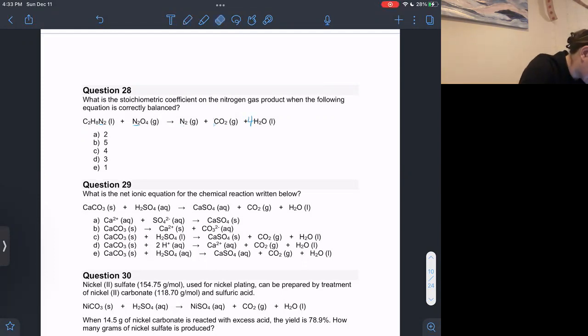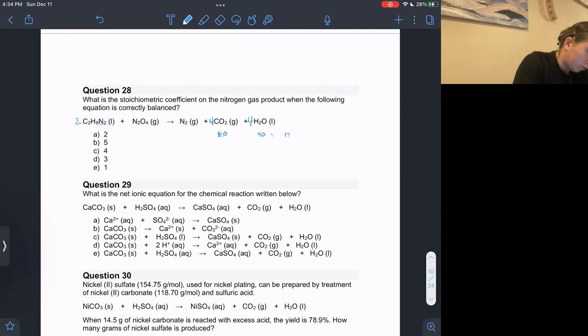So we'll erase this. So we have 4 oxygens on our right. So we have 4, and we know 2 is not going to work, so we'll put a 4 here as well. So we have 4 oxygens. This will be 2. Okay, so then we have 4 carbons, 4 carbons. That looks good. Hold on, wait, let's look at our oxygens first. So now this is 8 total oxygens here, and this is 4 oxygens.